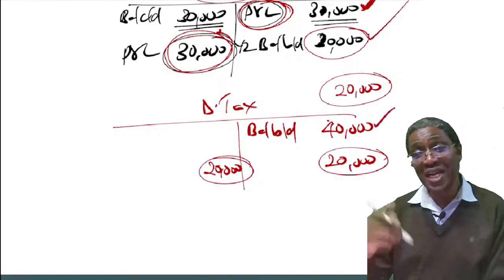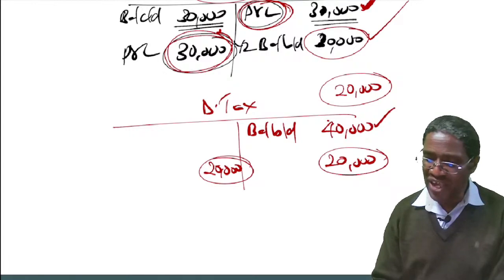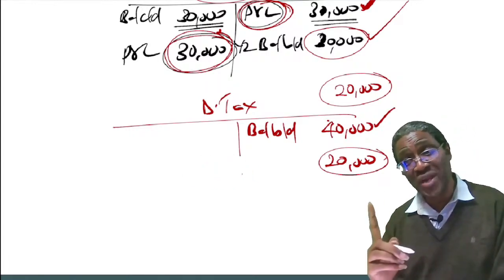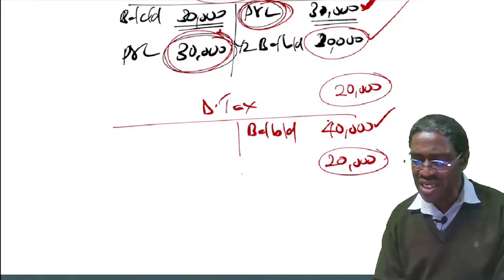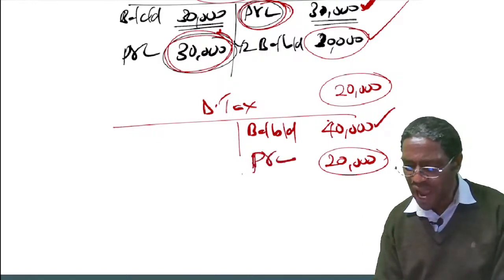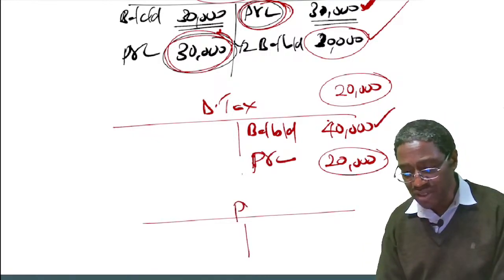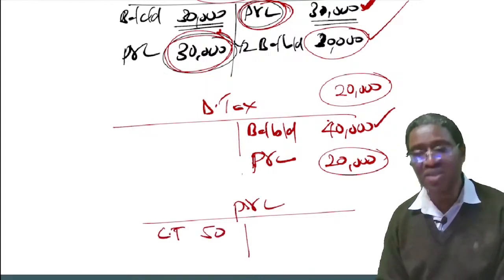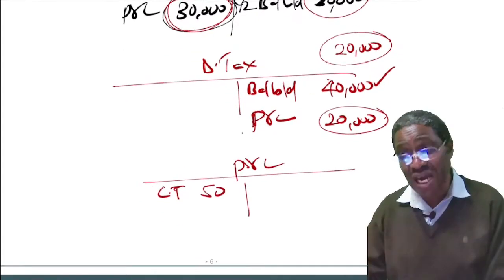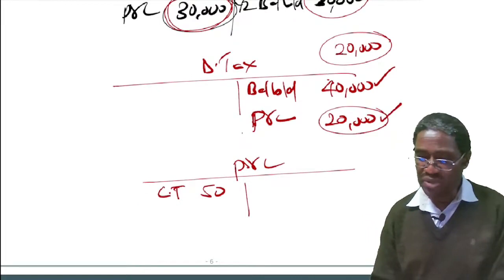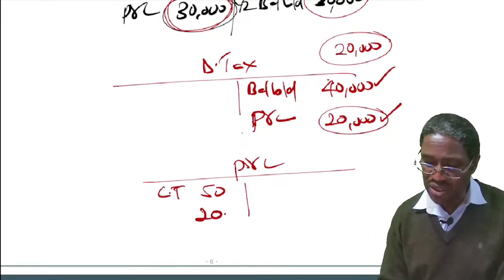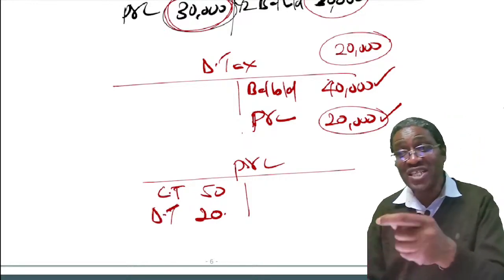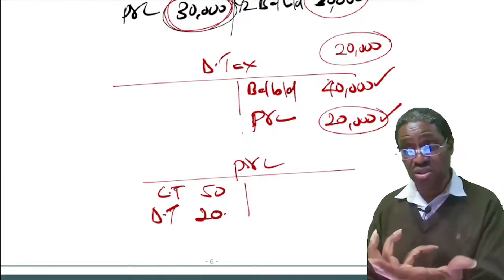So if I'm increasing a liability, it is obvious I go credit the account, by 20,000. Having credited deferred tax by 20, I must go debit P&L. We have already agreed corporation tax is on the debit. It was 50. Now I am crediting deferred tax by 20, which means I'm going to debit the P&L account by 20 for deferred tax. So it's obvious you will add the 20 to the corporation tax.